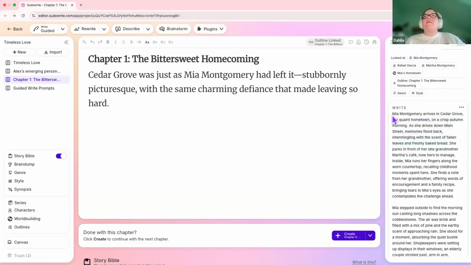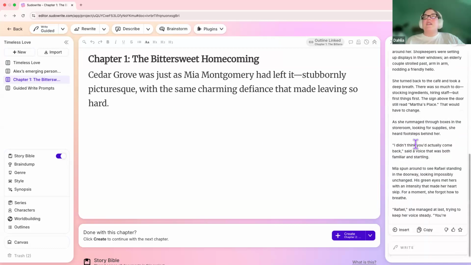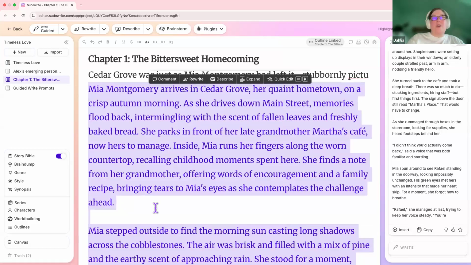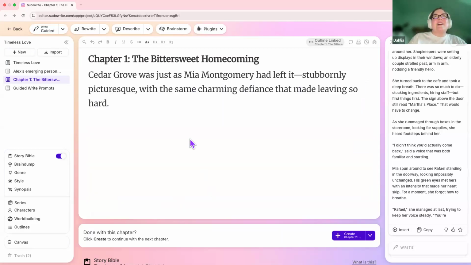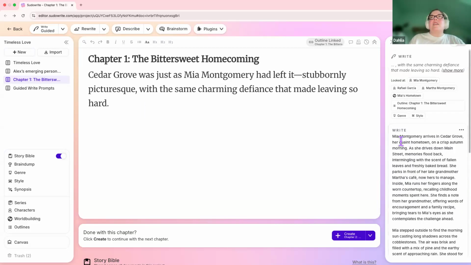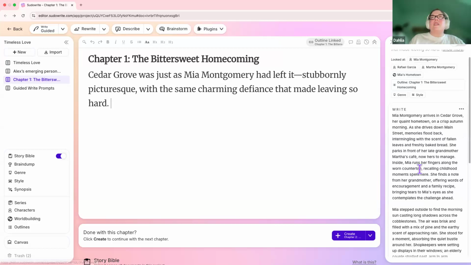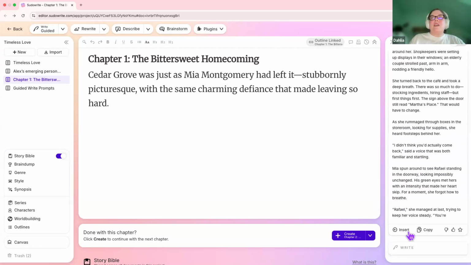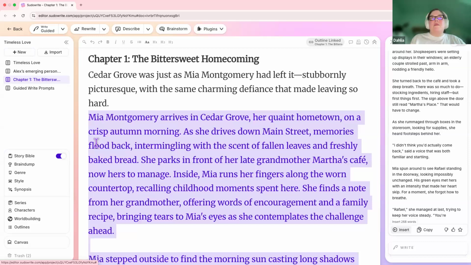That's something I would usually fix with rewrite. But let's just take a, oh no. I had the cursor at the wrong place. Insert this here.